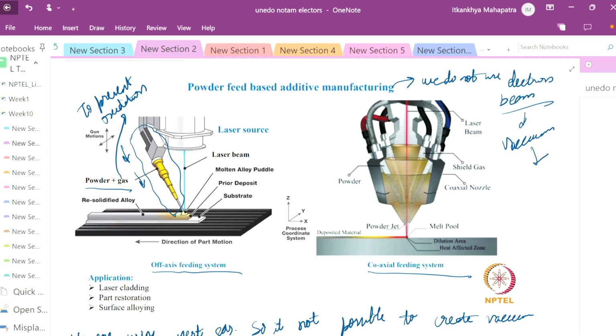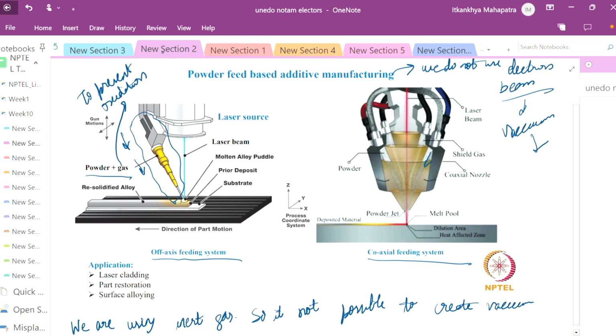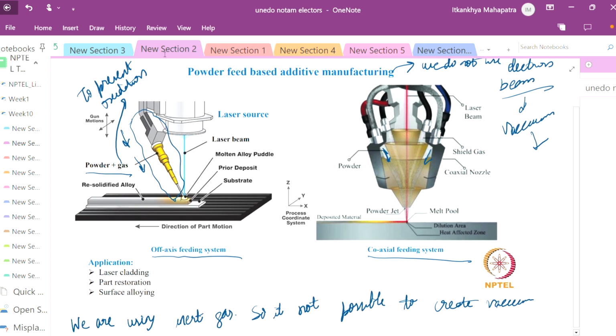Now in the coaxial feeding system, we can see the laser beam is coming from the center, and from the periphery the powder particles are coming. This is the laser beam, and this is the powder.